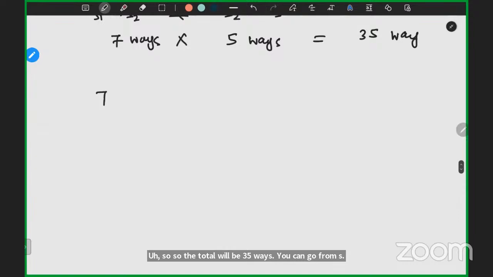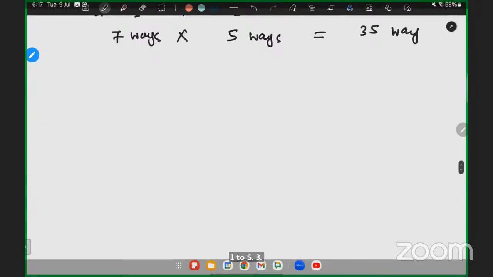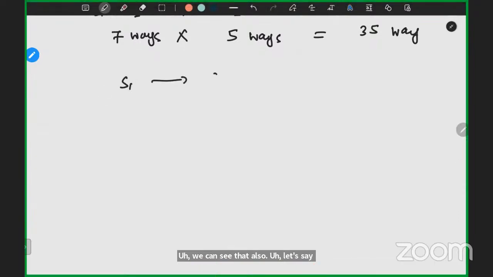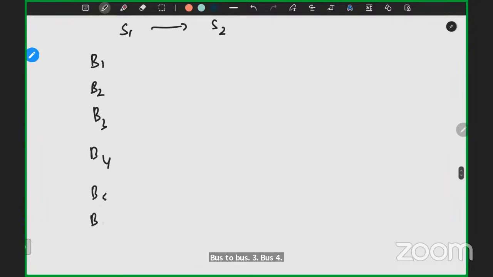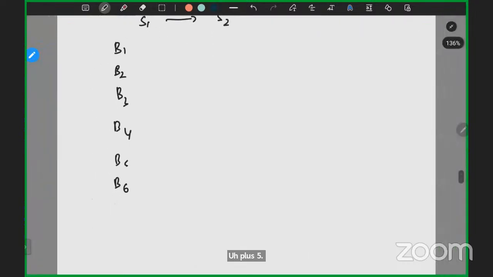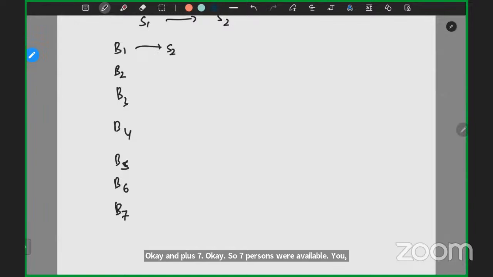We can see that also. Let's say from S1 to S2 you went by bus 1, bus 2, bus 3, bus 4, bus 5, bus 6, and bus 7. So 7 buses were available, and you can choose any one. You reached S2. Now from S2 you always have 5 options.